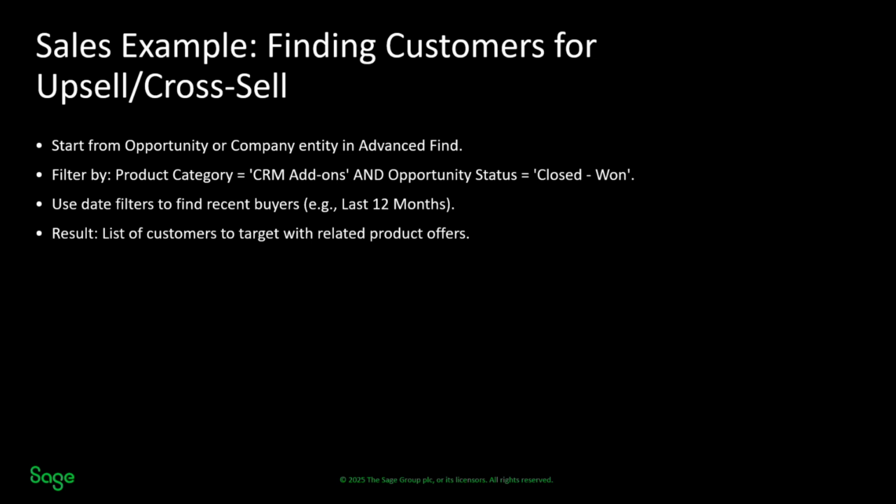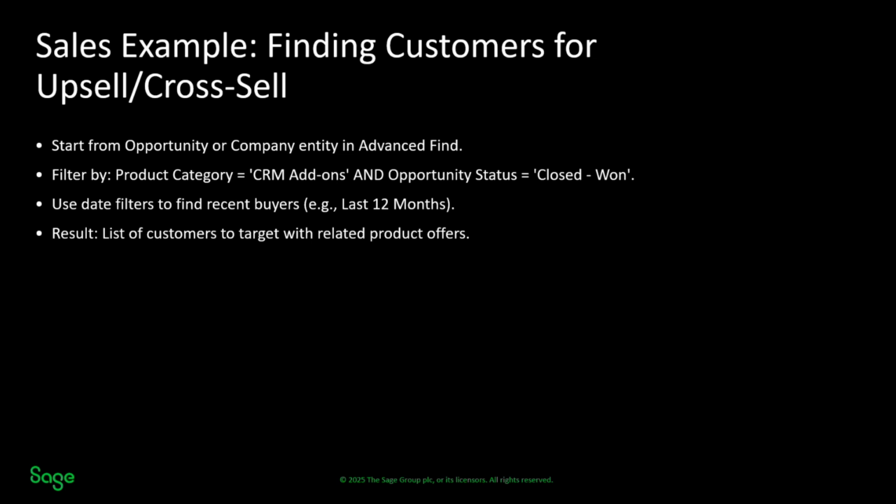I showed you a couple of examples of how the advanced find can be used, but they can be used for very tactical purposes inside a Sage CRM environment. So you could use it, for example, to find customers which you want to target for upsell or cross-sell work.